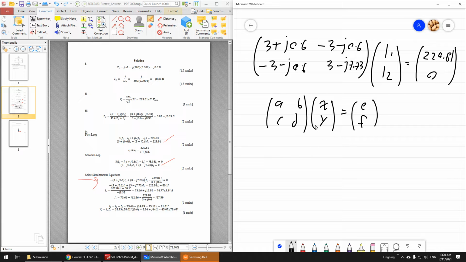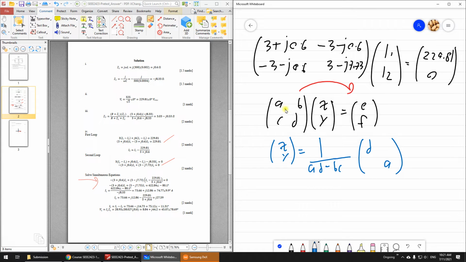To solve this, of course, you have to move this to this side, and then you have to divide by the determinant. So make sure you recall back your matrix, and you get x y equals 1 over ad minus bc. Then you have to flip this, b and a is flipped.